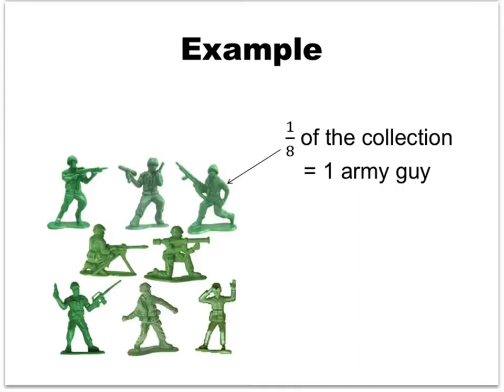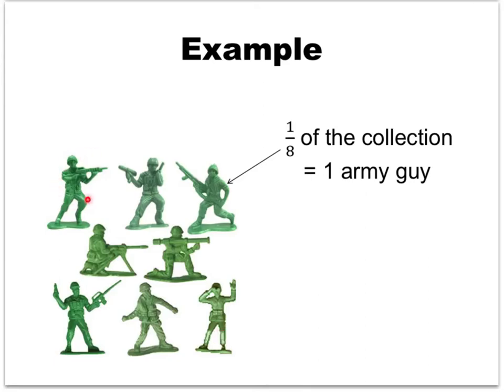Another example dealing with our army guys. Let's take the statement 1/8 of the collection. 1/8 means that we're going to take our collection and divide it up into 8 equal pieces. This collection is already divided up naturally into 8 equal pieces. Each one of those army guys is an equal piece. Now, they're not identical.